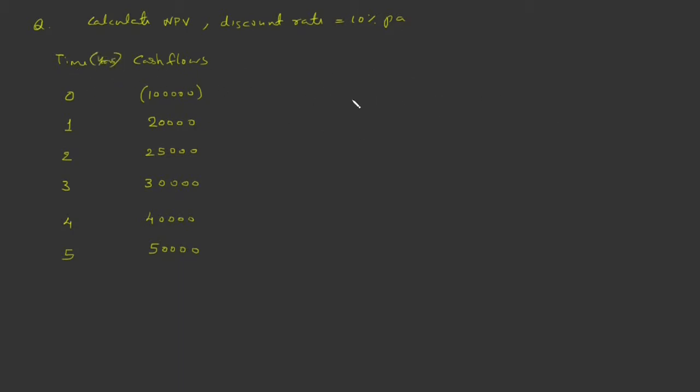For this, we need to calculate the present value of all these cash flows. For that, we need to calculate the present value factor at 10% and, multiplying it with these values, we will get the present value of these cash flows.